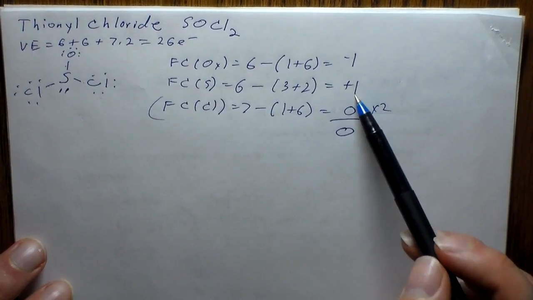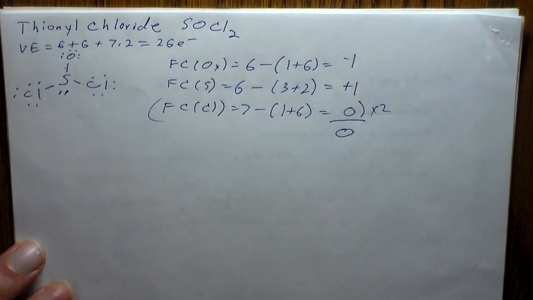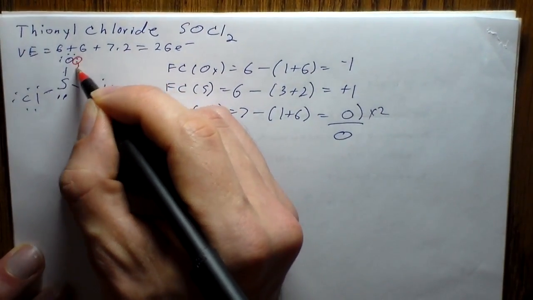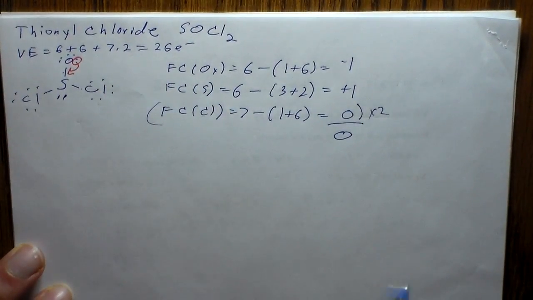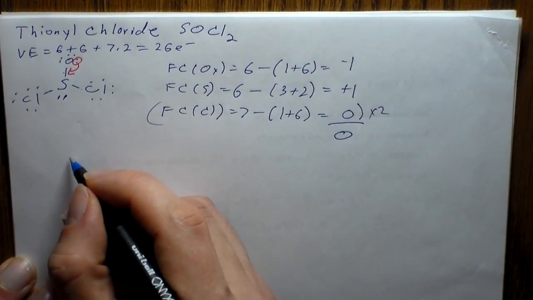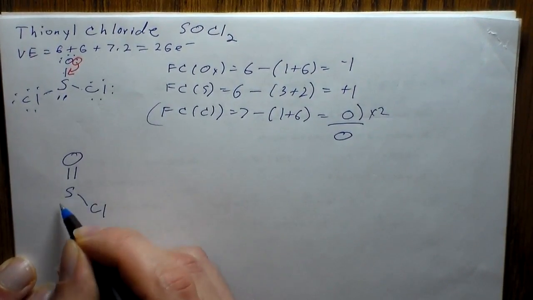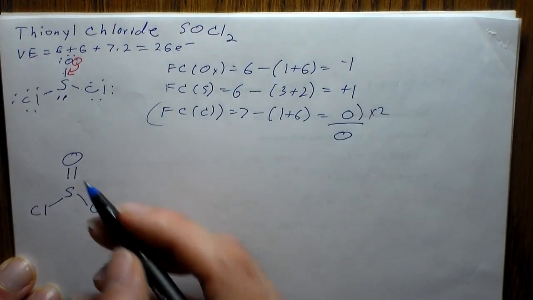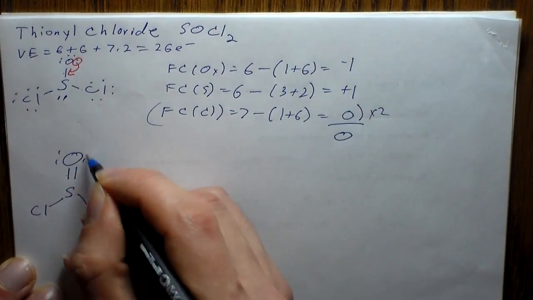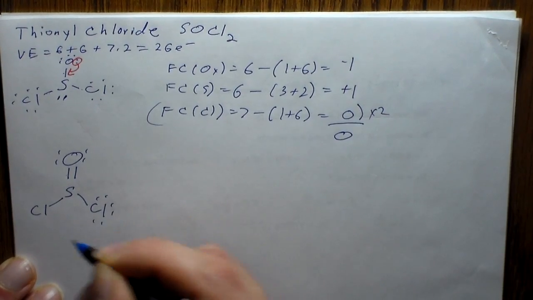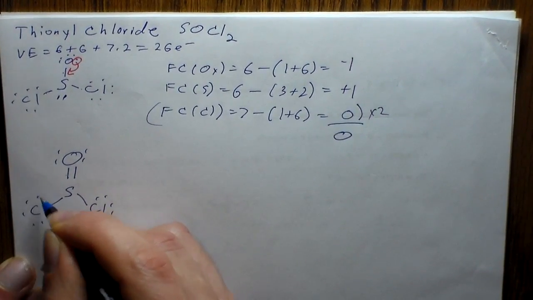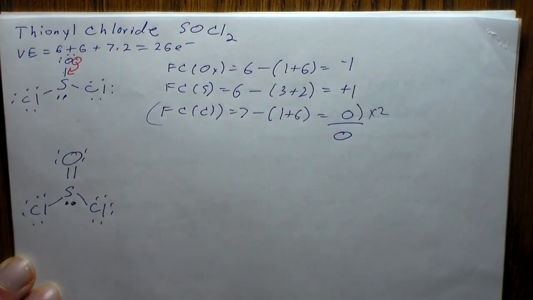So I would just want to make these closer to 0. So what I'm going to do here is just move this lone pair over to make a double bond. So I'll have here the oxygen double bonded to a sulfur, single bonded to a chlorine. That's 1, 2, 3, 4, 5, 6, 7, 8, 9, 10, 11, 12, 13, 14, 15, 16, 17, 18, 19, 20, 21, 22, 23, 24, 25, 26.